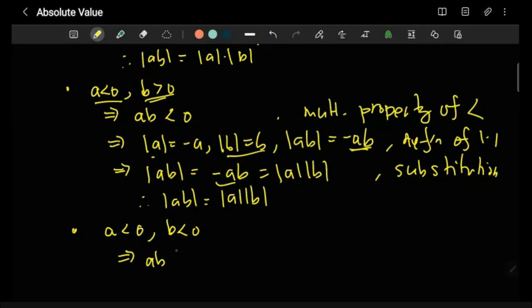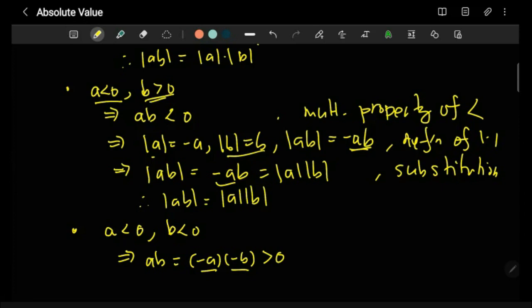So what we have here is that AB, which is the same as negative A times negative B. Now this time these are both positive numbers. That's from algebraic property of real numbers. So we have AB to be positive.